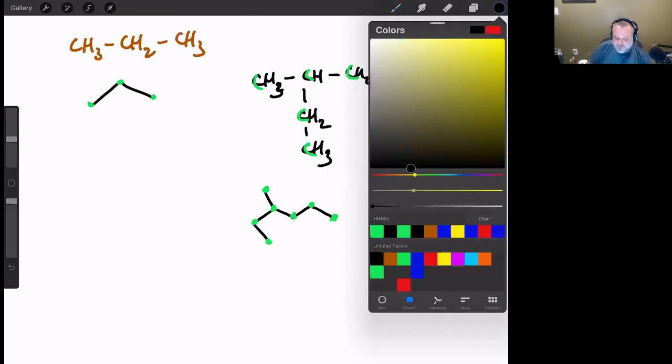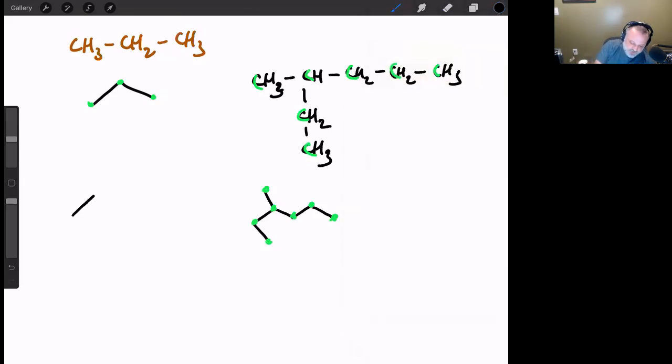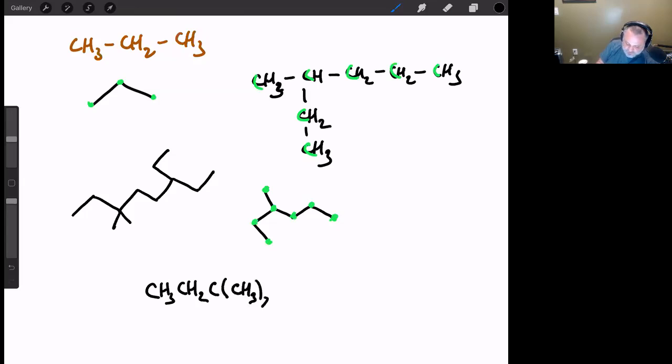We have to be able to go the other direction as well, right? We have to be able to take something like this and show what that is to our readers. So this is a CH3, CH2 connected to a C, and that C is connected to 2 CH3 groups, and then it goes on to be connected to CH2, CH2, and then what's here?